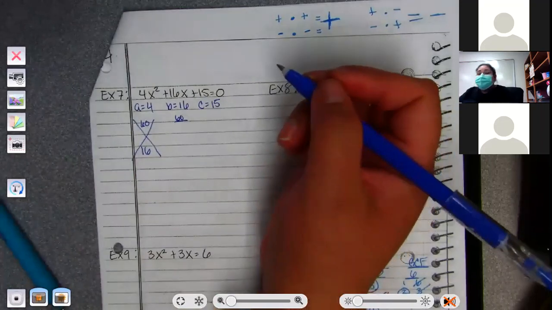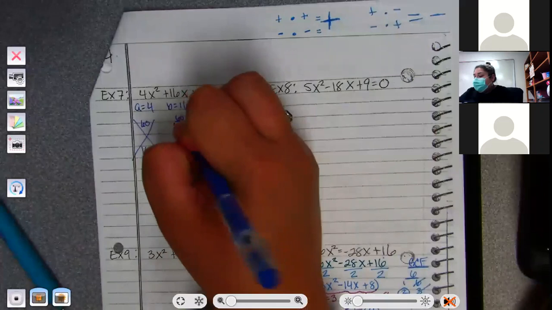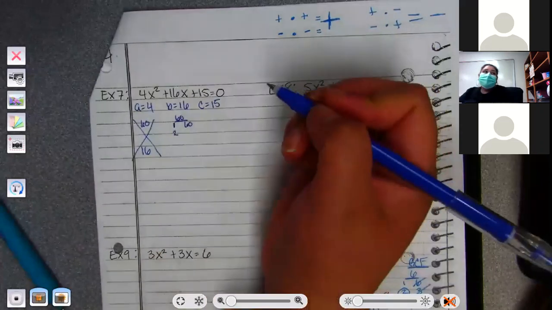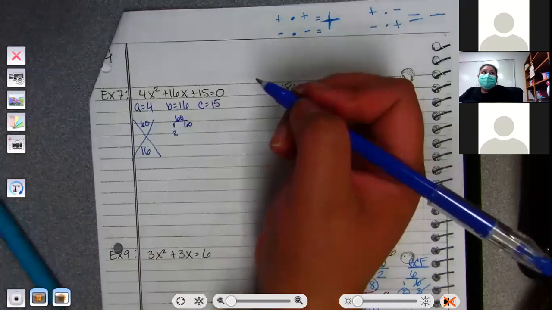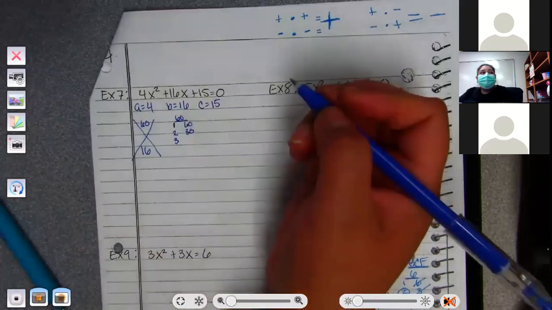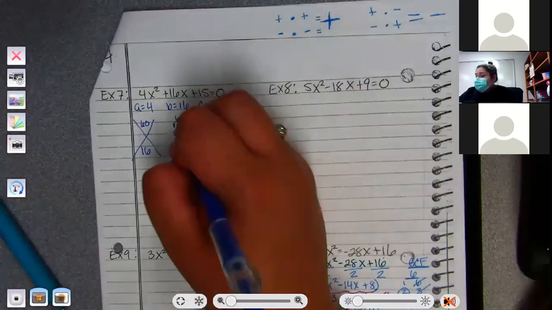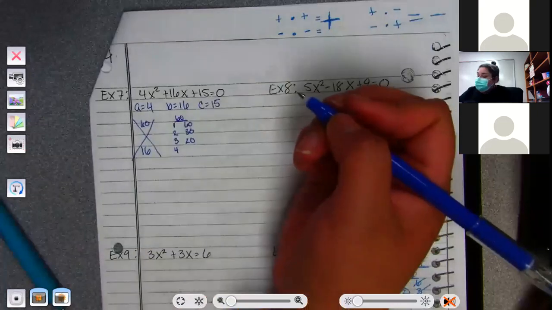Okay, so y'all are struggling with it. So what are the factors of 60? 1 and 60. What about 2? 2 times what is 60? Okay. What about 3? 3 times what is 60? Okay. What about 4? 4 times what is 60? Okay.